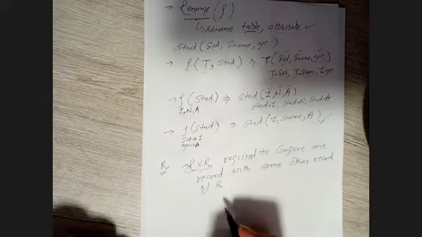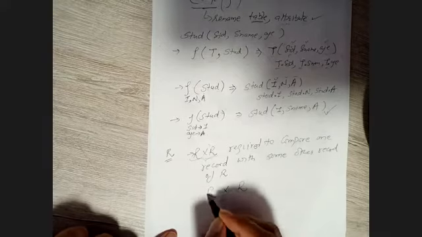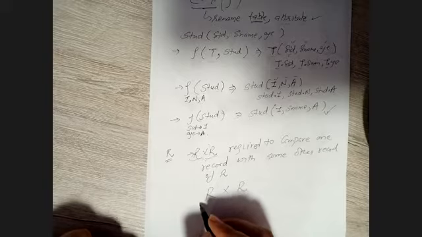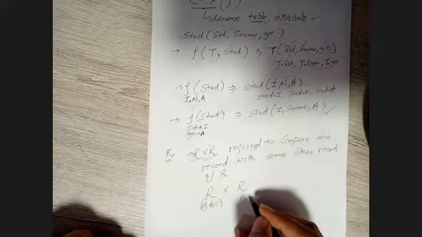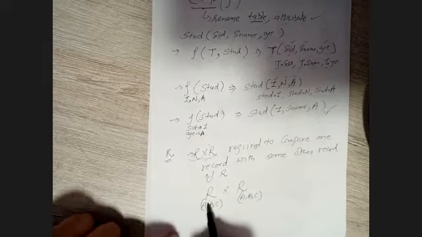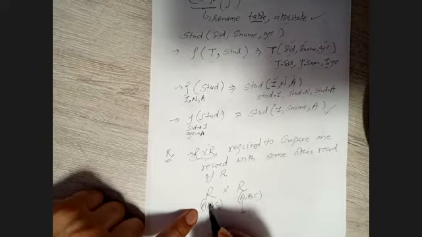The reason is that we have two tables here, that is R and R. Let's say we have student and student, with attributes A, B, C here, then definitely we'll have A, B, C here as well. So with A, we will compare this A with every row of this table. Single with everyone.